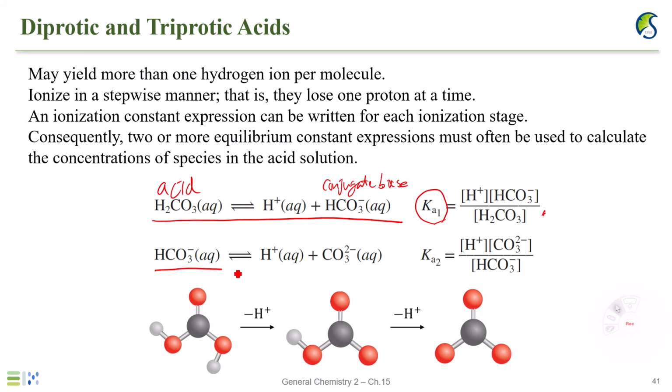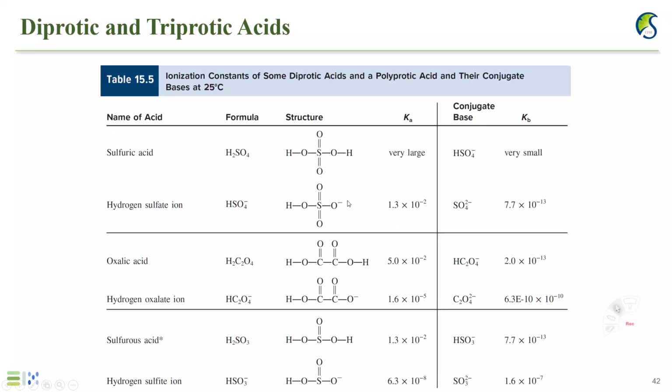So this is the second ionization reaction, where you can also define the Ka2 for this second step. Okay. Here is our acid. This is the conjugate base.